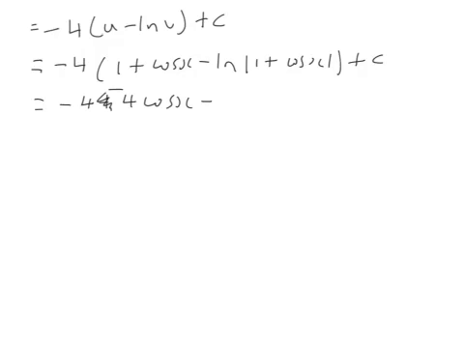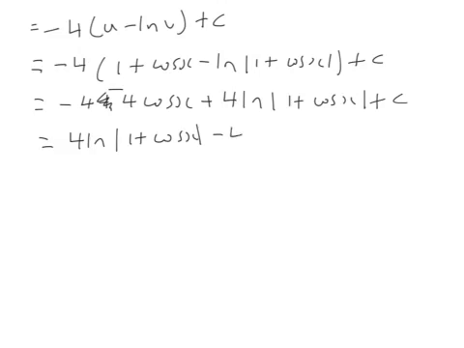And then we've got minus 4 times minus ln, so that's plus 4 ln 1 plus cos x, plus c. So we've got minus 4 here, we've got plus c there, those two together are combined to make another constant. So we end up with 4 ln 1 plus cos x, minus 4 cos x, and then minus 4 plus c, that's k.